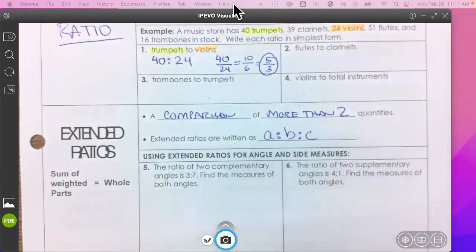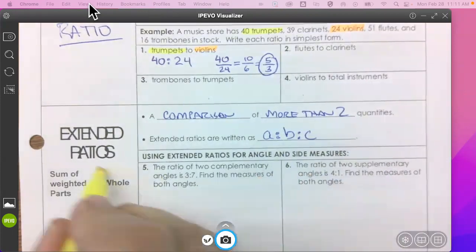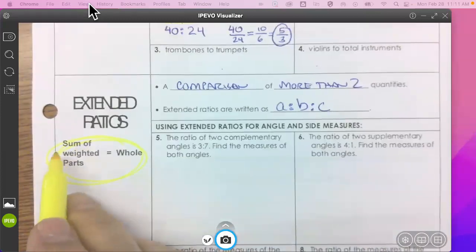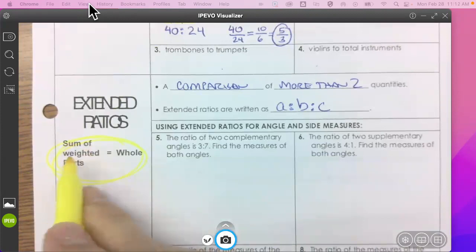Because the fraction would look like a club sandwich with 3 pieces of bread. That just seems wrong. So we're going to do a little bit of solving process for extended ratios because they do have a little different scenario. I like to think of it as we can treat it with the sum of weighted parts. All the different parts added together equals the whole.